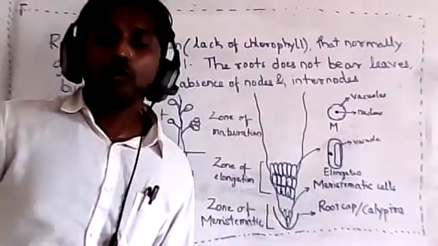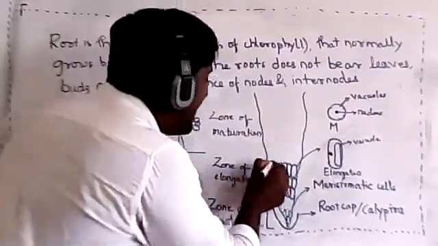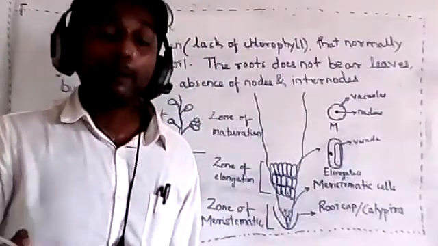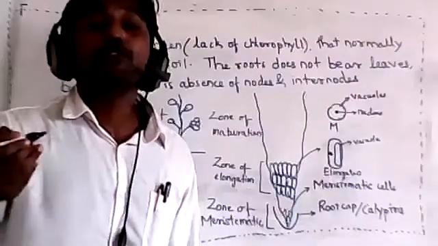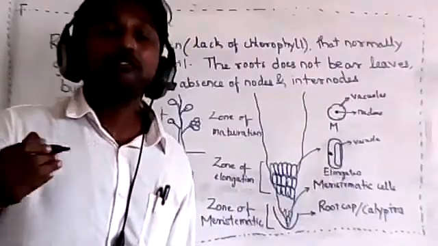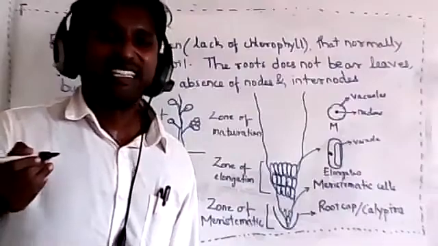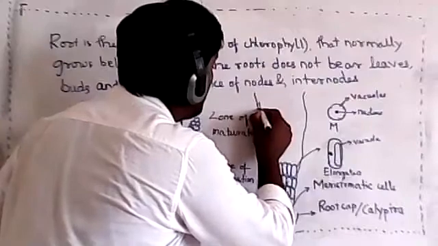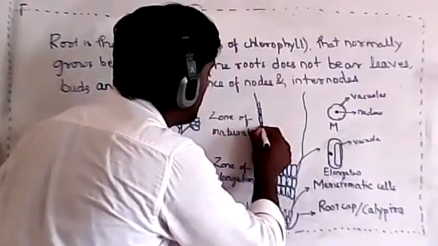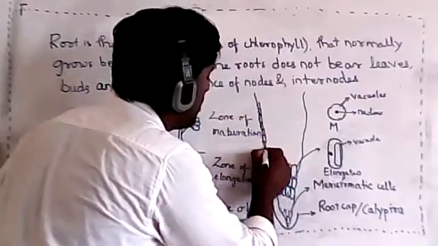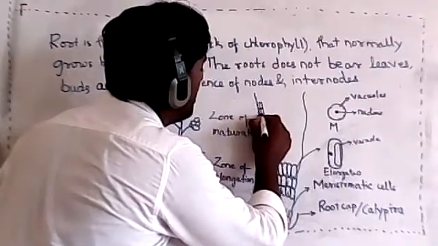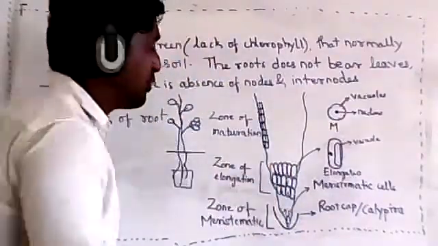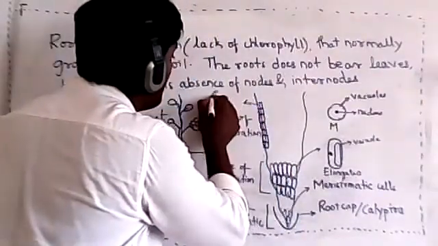Zone of maturation means these elongated cells get differentiated into different types of tissues. Okay, they form this outer layer of tissue, which is rectangular in nature. This outer layer of tissue we call epidermal tissue.